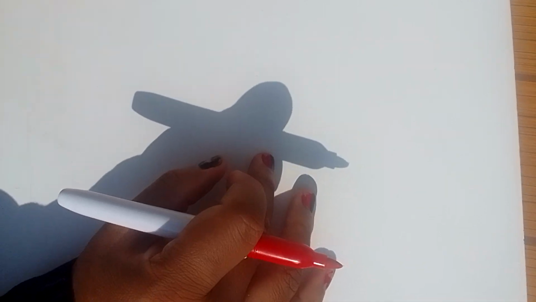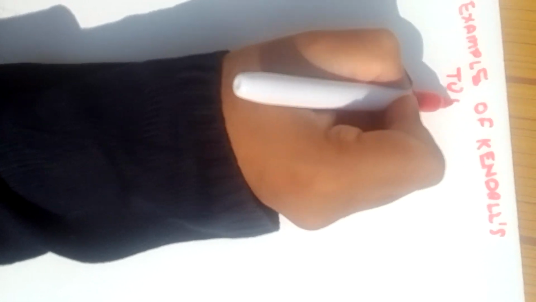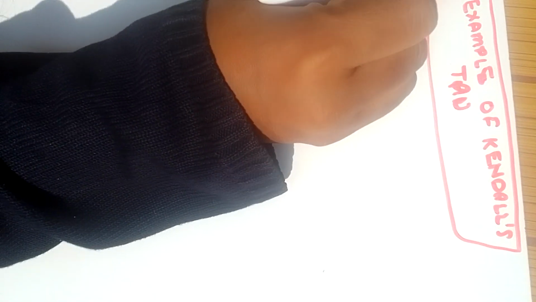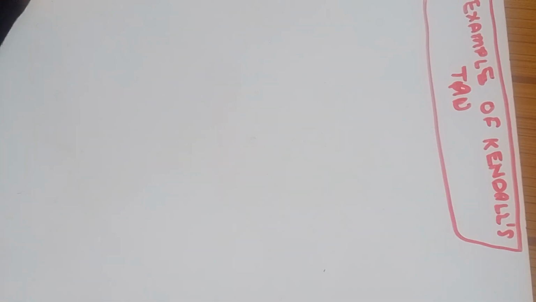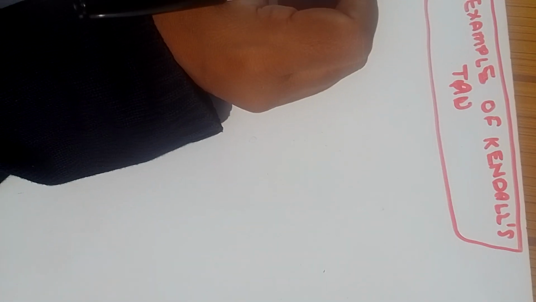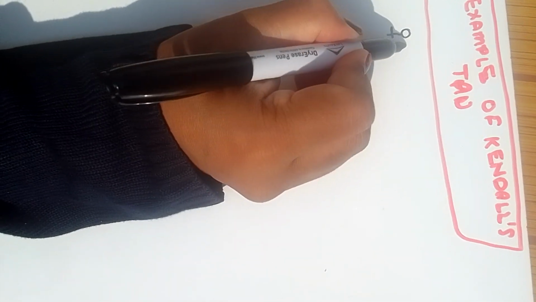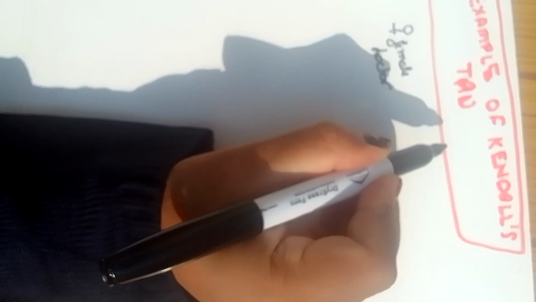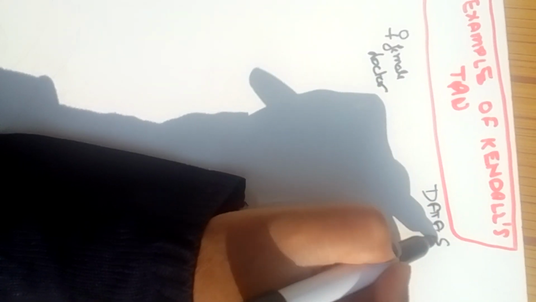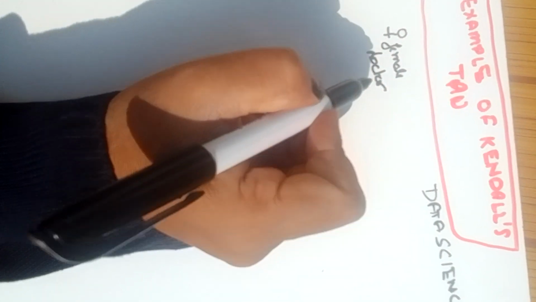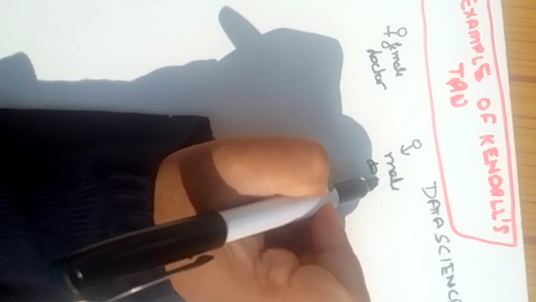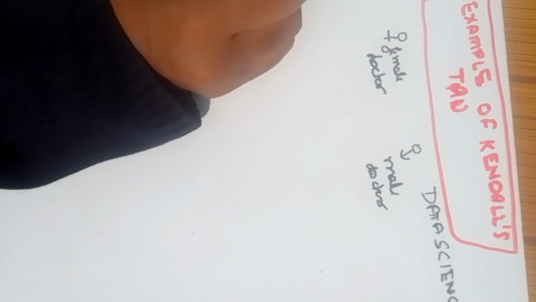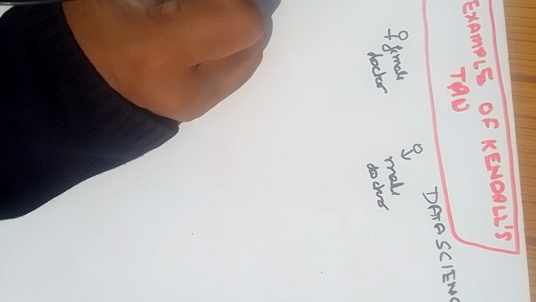Let's start. If you remember, I gave you one example, the example of Kendall's tau. One female doctor and one male doctor, and there are 6 patients, 1 2 3 4 5 6.